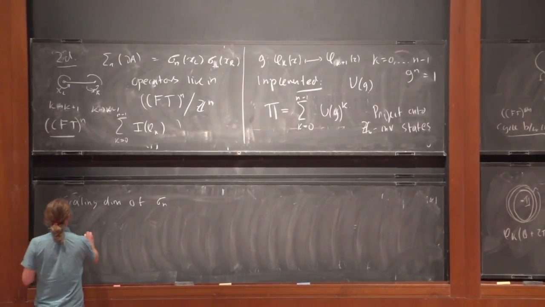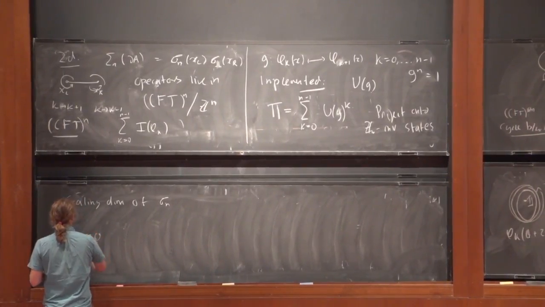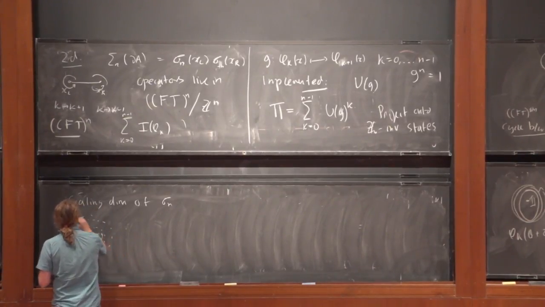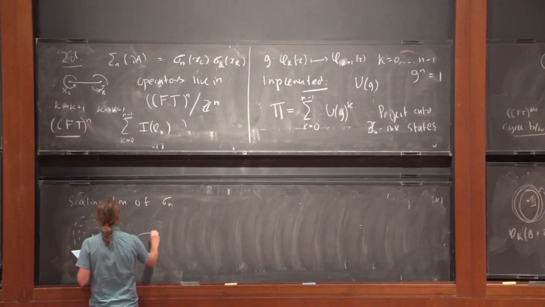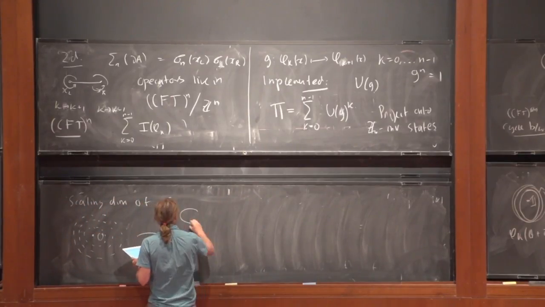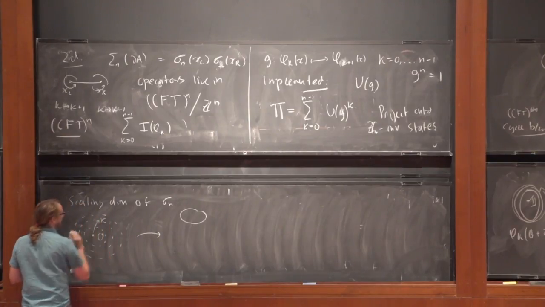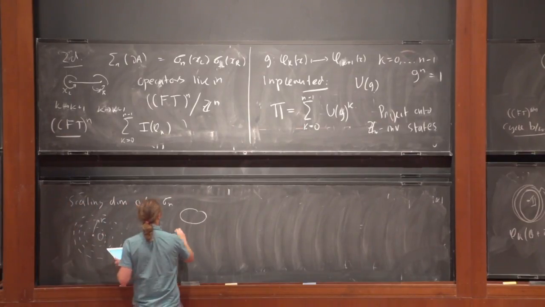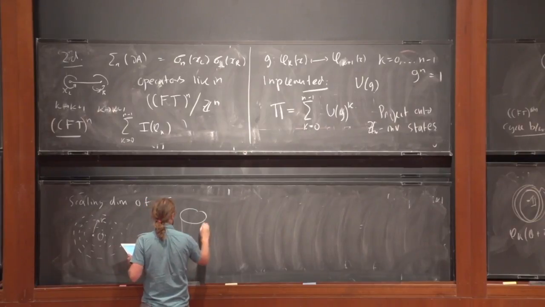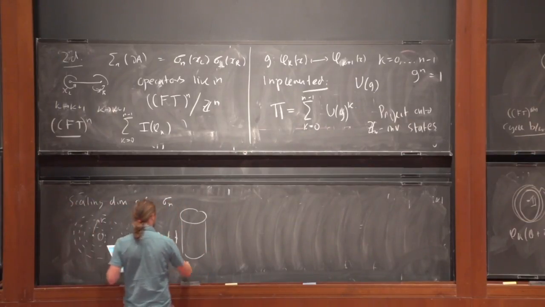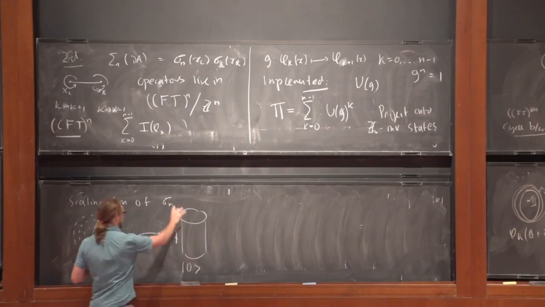How this works is that if I have some operator inserted at the origin, then I can slice open my path integral on circles. I can make a conformal map where these circles, which were labeled by R here, are now labeled by some time on some cylinder. And the different operators on this cylinder correspond to different states in this picture.